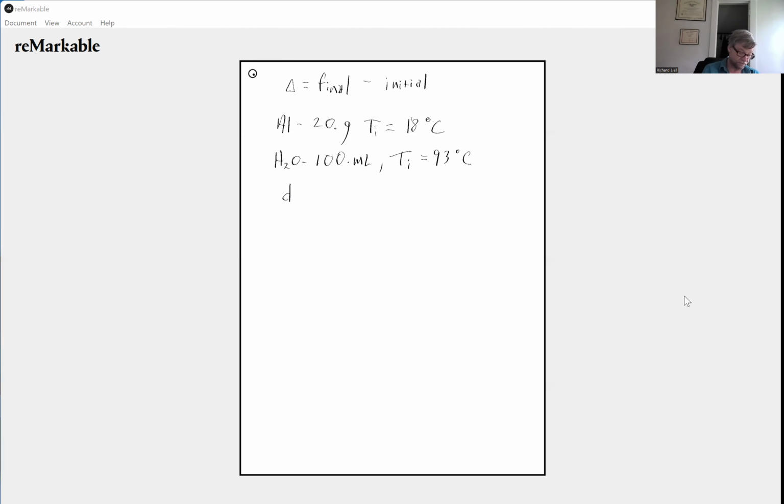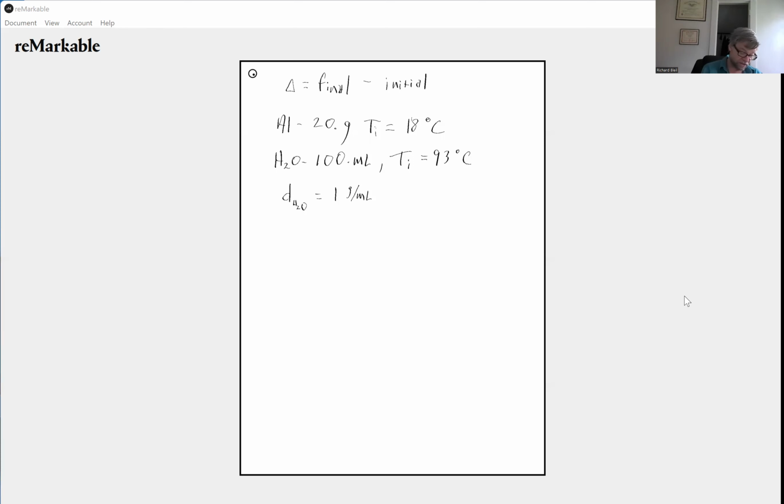For water, the density is 1 gram per milliliter. To within actually 5, 6, 7 significant figures, it is 1 gram per milliliter. I forget how many, but it depends on temperature. It does fluctuate with temperature. If you're doing really precise calculations, you can look those numbers up.